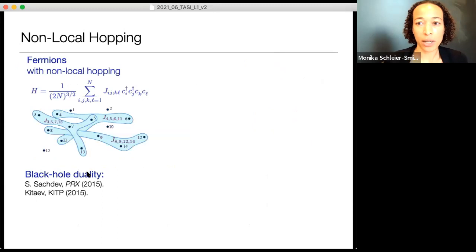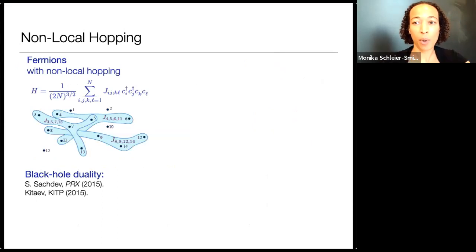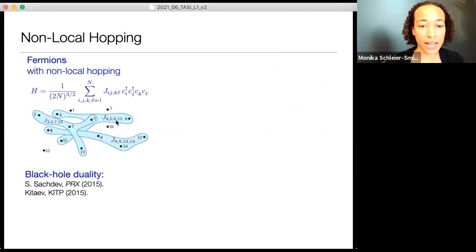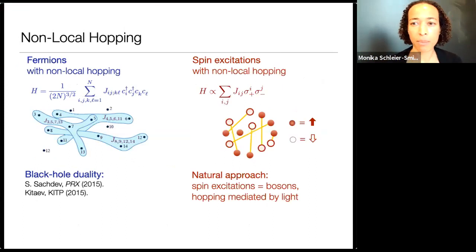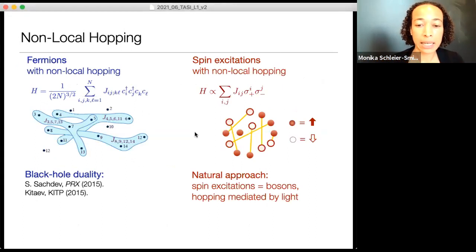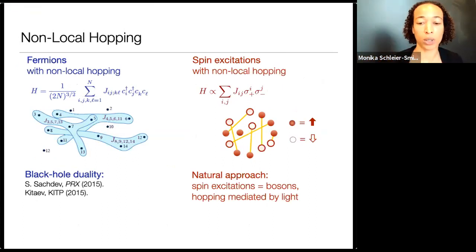Let's start by drawing some inspiration from this model I showed you before. Could we build things where particles can hop in a very non-local fashion? We can't do that with massive particles, but what we can do in our lab is have spin excitations that can hop in a way that is completely non-local. So the basic idea is I can think of a spin that can be either up or down as a particle on the site or no particle on the site.